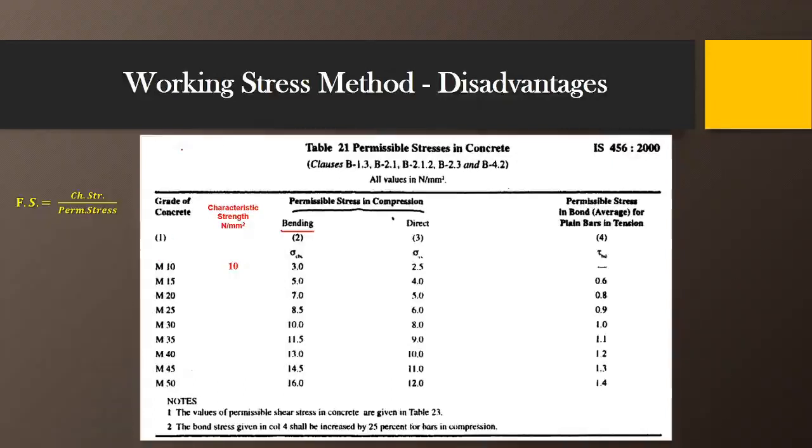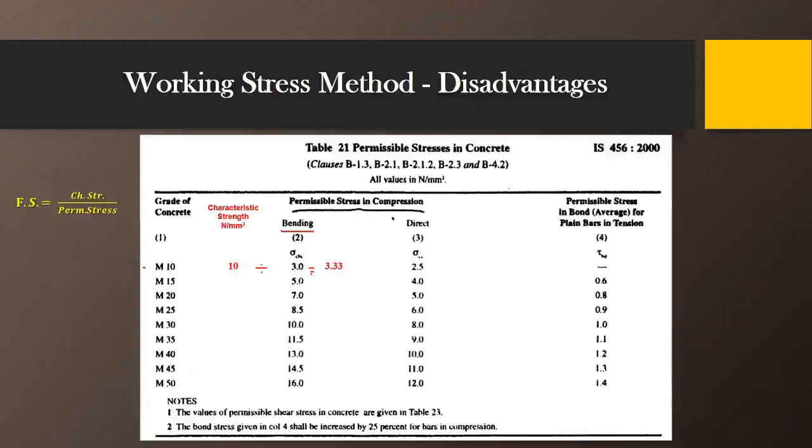So let us do it here. The characteristic strength for this first category is 10. Let us divide this by the permissible stress, that is sigma CBC, 3. So 10 divided by 3 will give you a value of 3.33. So here we can say that for M10 grade of concrete, the factor of safety is 3.33.